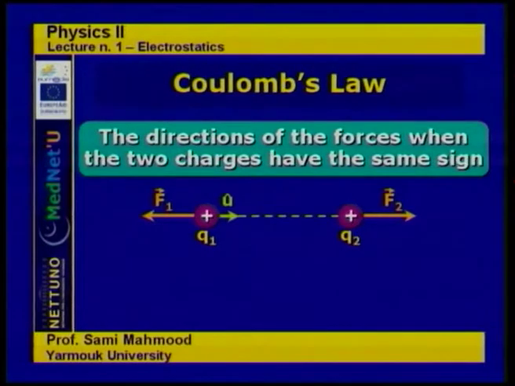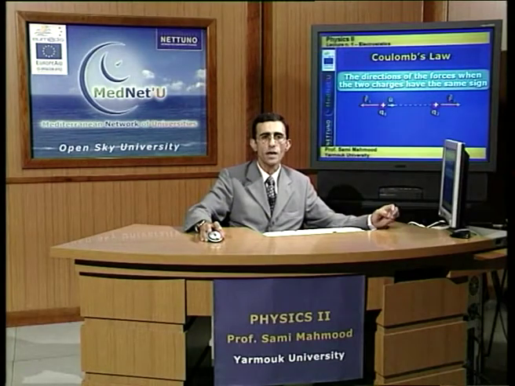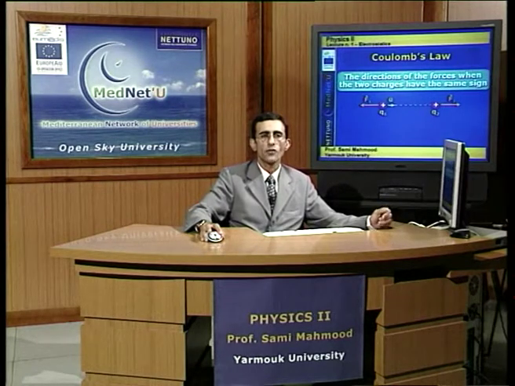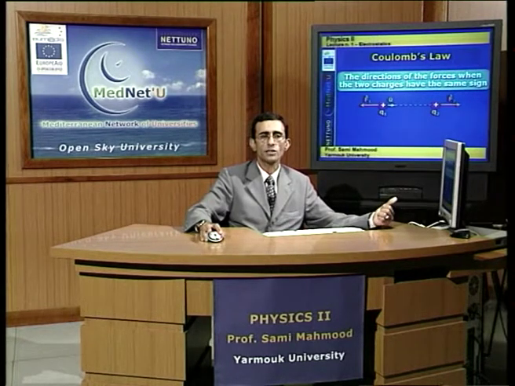Thus, for example, if we have two positive charges and we define the unit vector that points from charge Q1 towards charge Q2 as U hat, then the force that charge Q2 exerts on charge Q1 is repulsive, and it's in a direction opposite to the unit vector U hat.